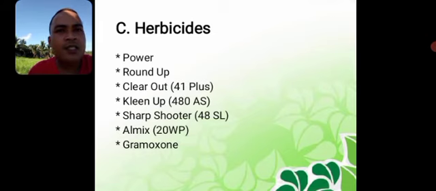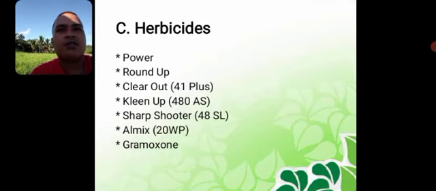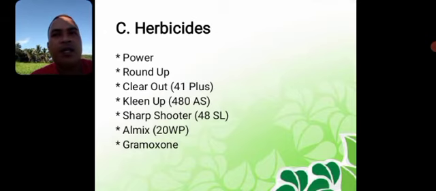And let's come to letter C, herbicides. What are herbicides? A herbicide is a pesticide used to kill unwanted plants. A selective herbicide kills certain targets while leaving the desired crop relatively unharmed. Under this is Power.